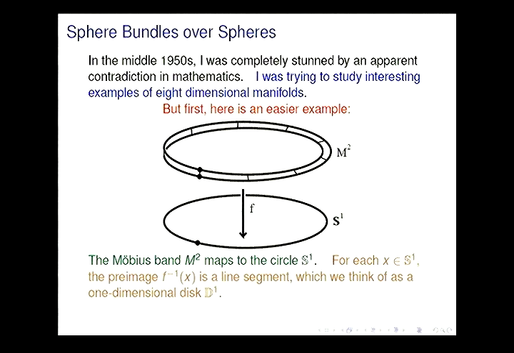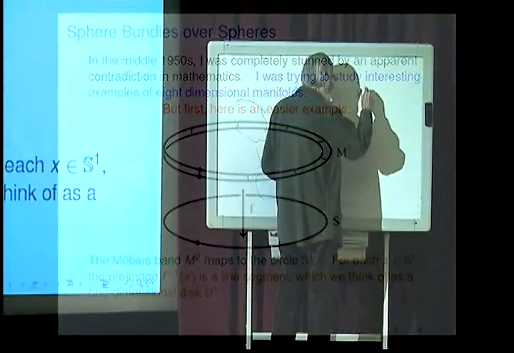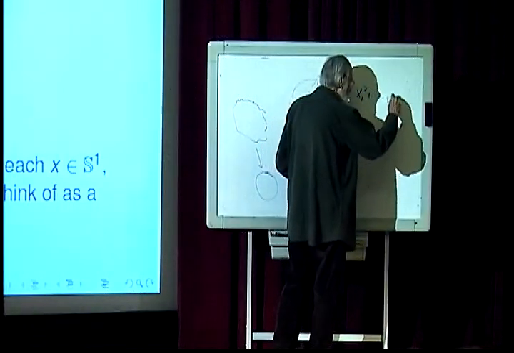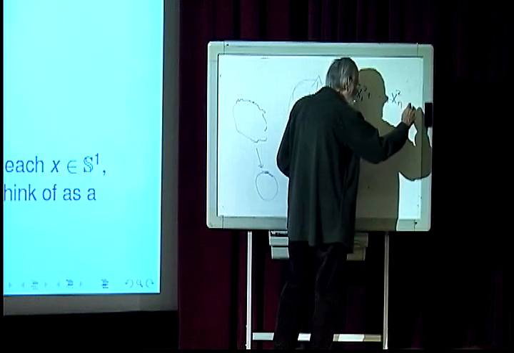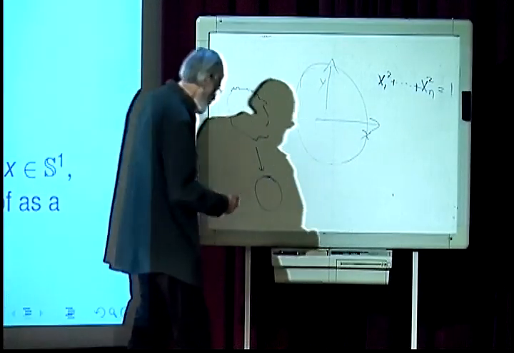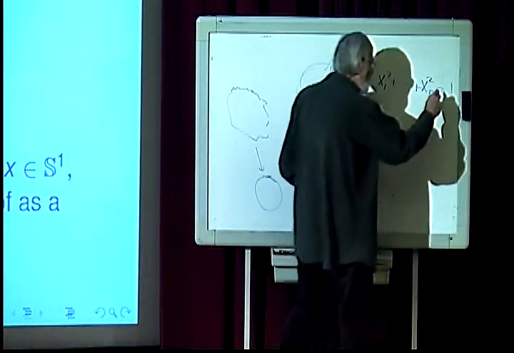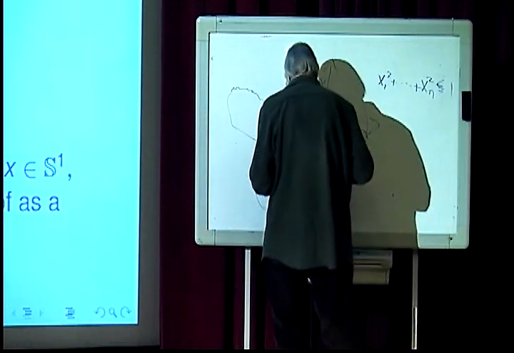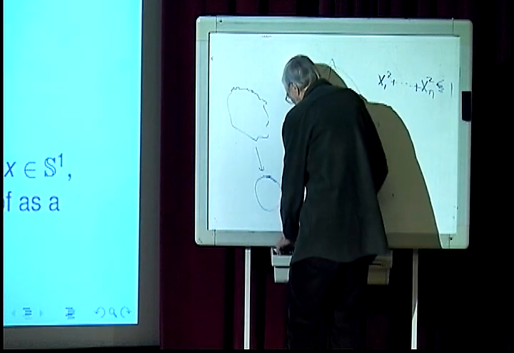And this line segment I want to think of as a one-dimensional disk. In general, the n-dimensional disk is, well, if we think of the n-dimensional sphere as being described by taking n real variables and setting the sum of squares equal to 1, then we get the disk just by including things where the sum is less than or equal to 1.